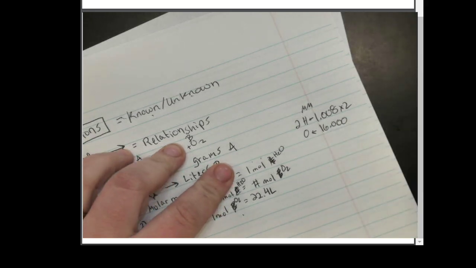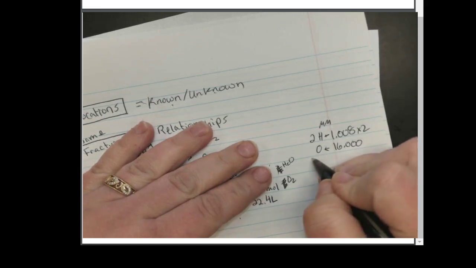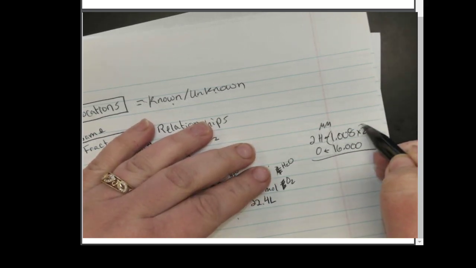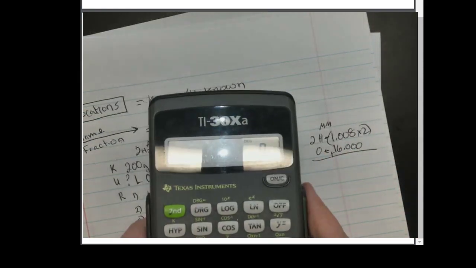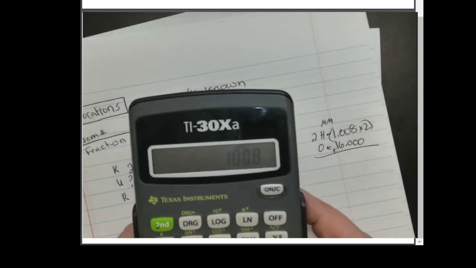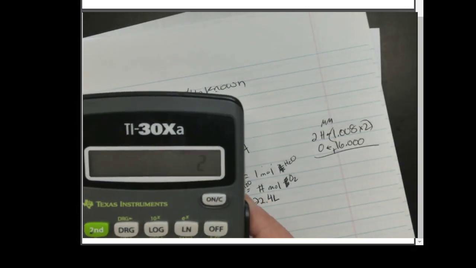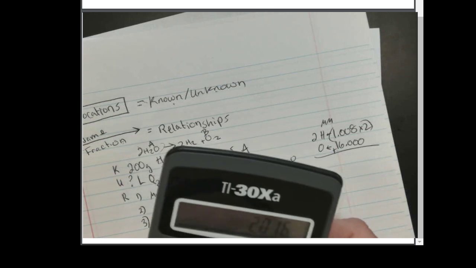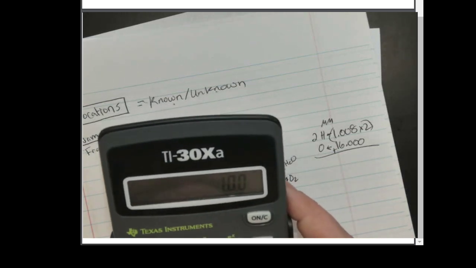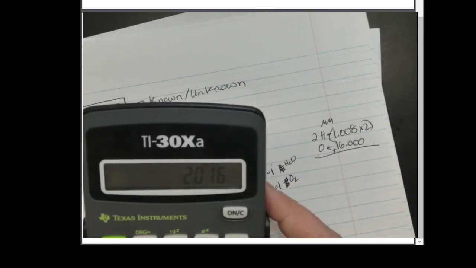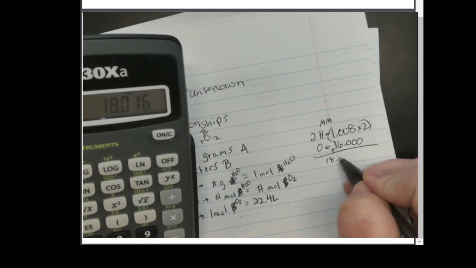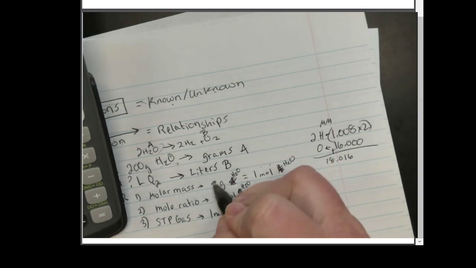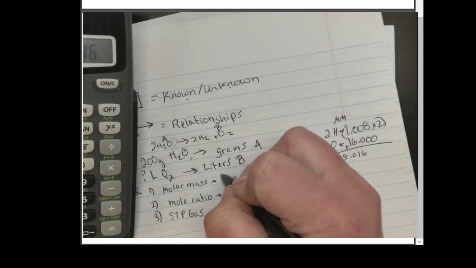Calculate and add the 2 sums. Okay, we'll just do this on the calculator. Nope, did that wrong. 1.008 times 2 plus 16. Molar mass is 18.016, meaning that that's what we're replacing the number sign with here.